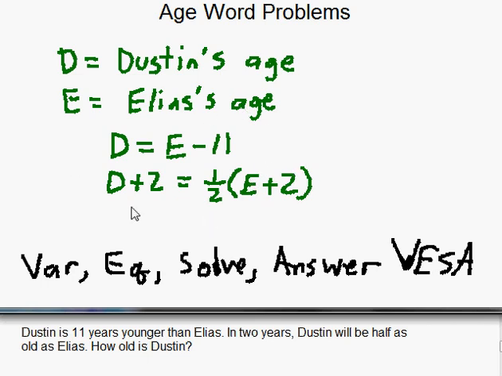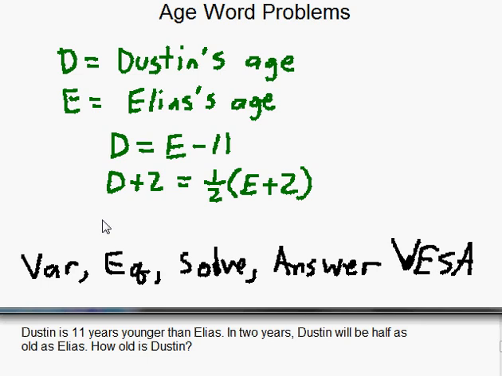So this is a little different because now we have two equations with two variables. But we can turn this into one variable because look, D is equal to E minus 11, right? So we could just plug in E minus 11 every time we see a D in this one. So let's do that.